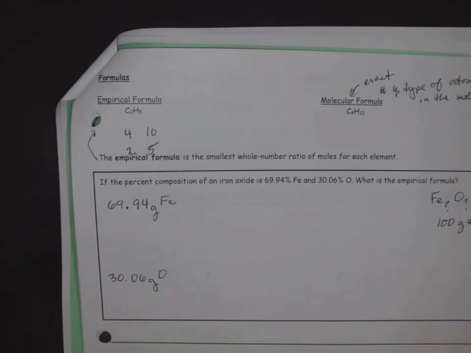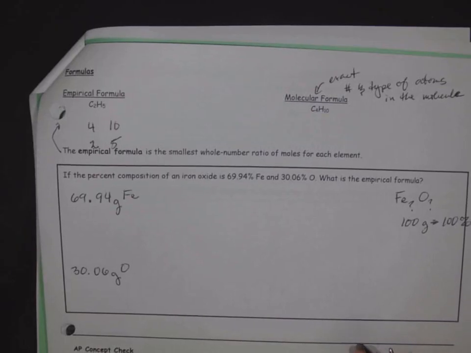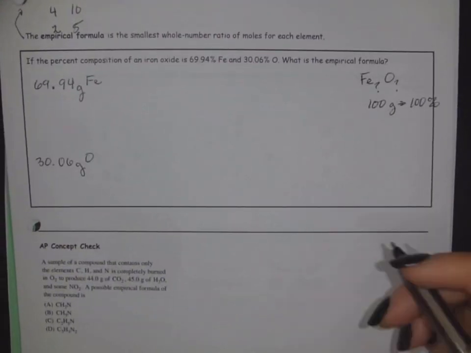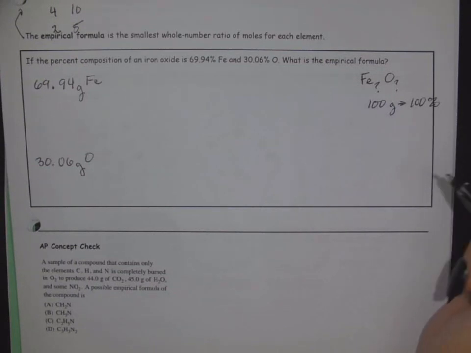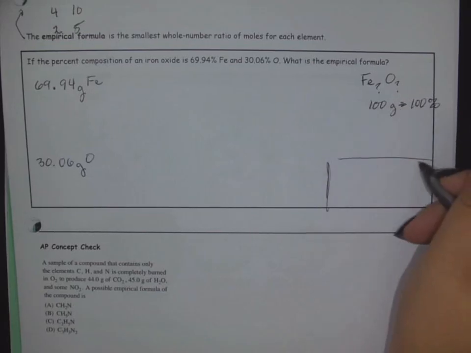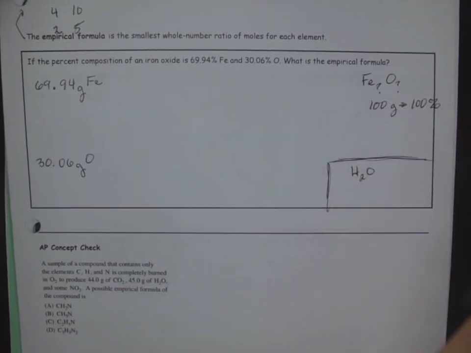Okay, great. Now, these subscripts, kind of like the coefficients, are like moles. Let's draw a little box so we can keep items separate. What if I have H2O?